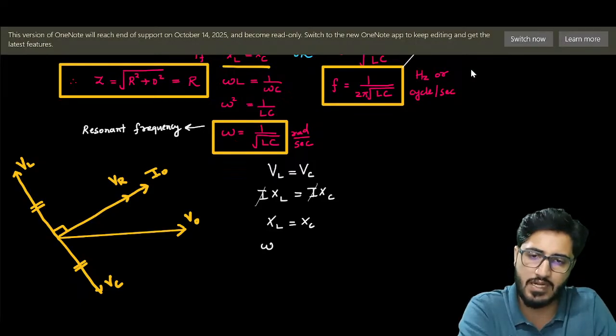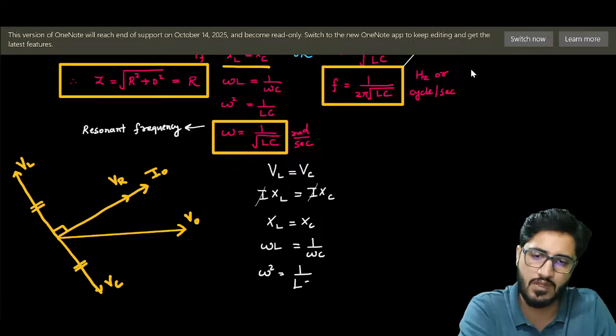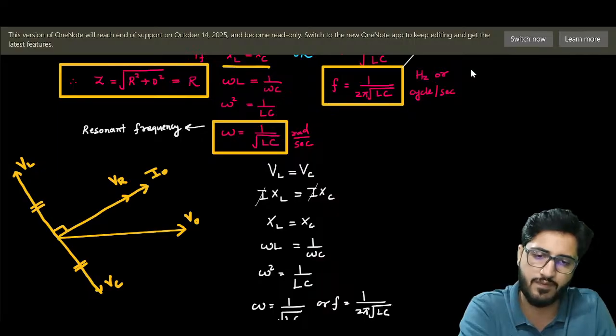XL is omega times L and XC is 1 divided by omega times C. So omega square equals 1 divided by LC, so omega equals 1 divided by the square root of LC, or f equals 1 divided by 2 pi root LC.